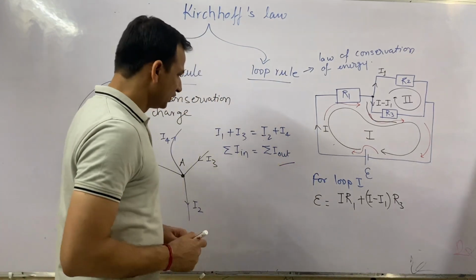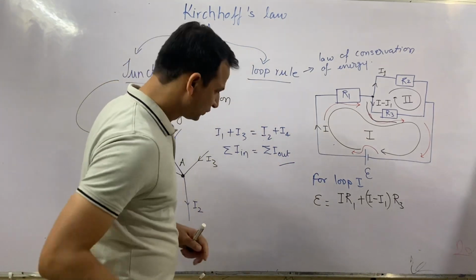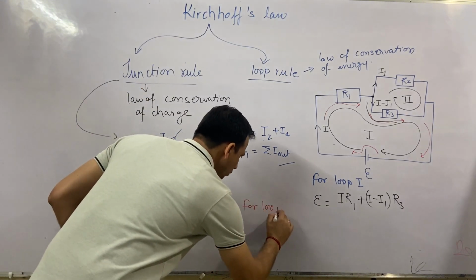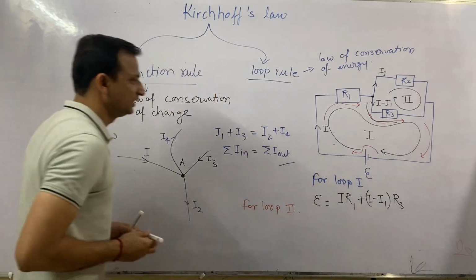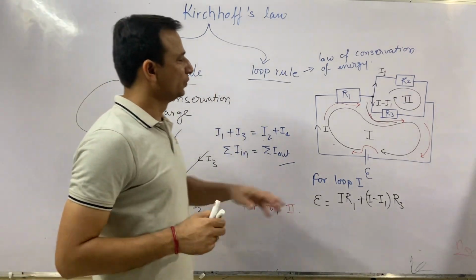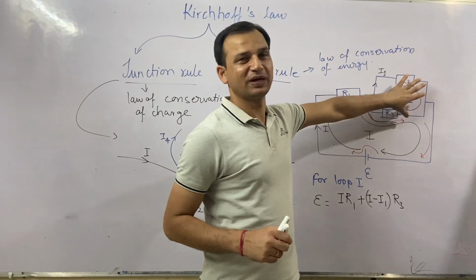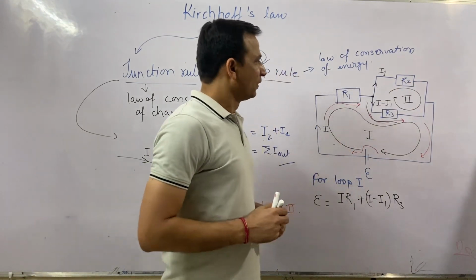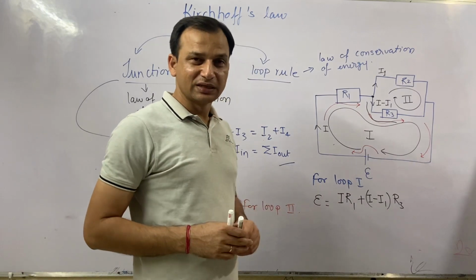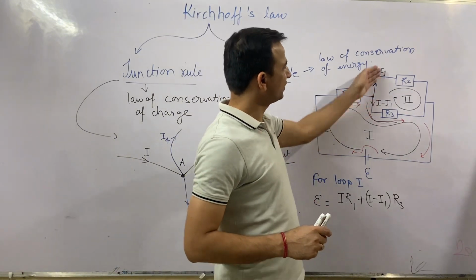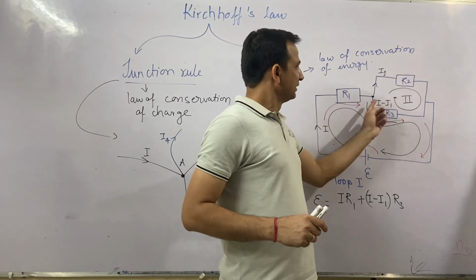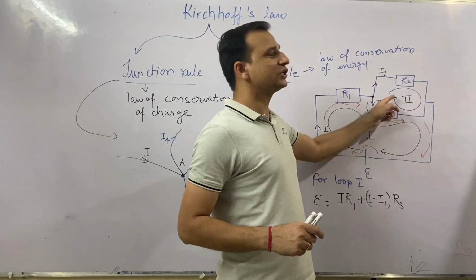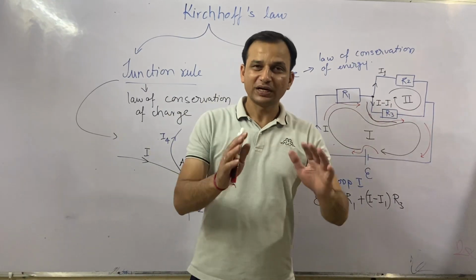Now what about loop 2? In case of loop 2, there is no power supply within this loop. But we have to consider the direction of current in the direction of the loop and opposite to the direction of the loop.